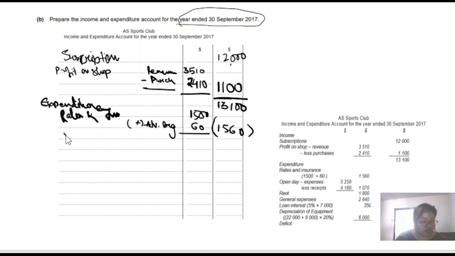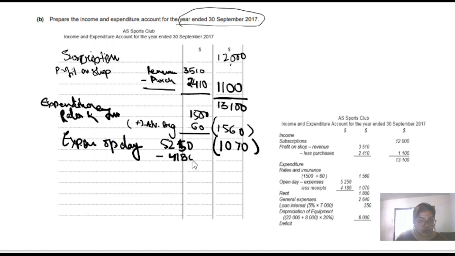So we have to write expense on open day, that is 1070. And how are you going to calculate it? 5250 is your expense, and the receipt is 4180.